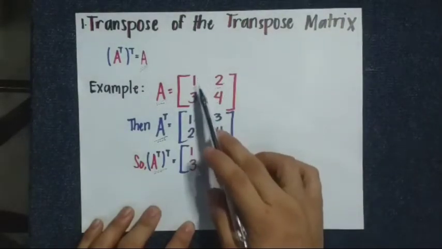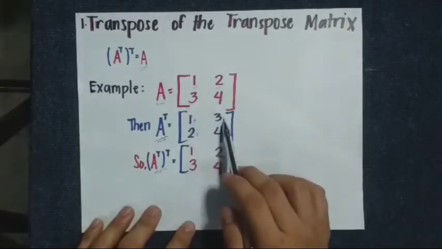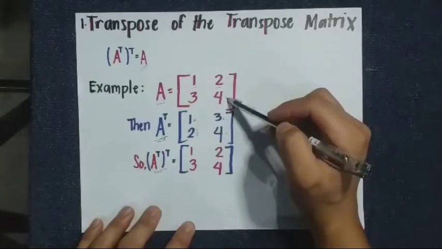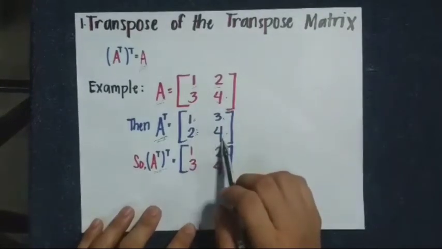So we have here 1, 3, and now we have here 1, 3 as the first column of the transpose A. And we have to take the second row of the original matrix, which is 2 and 4, and make it the second column of the transposed matrix, which is 2 and 4.